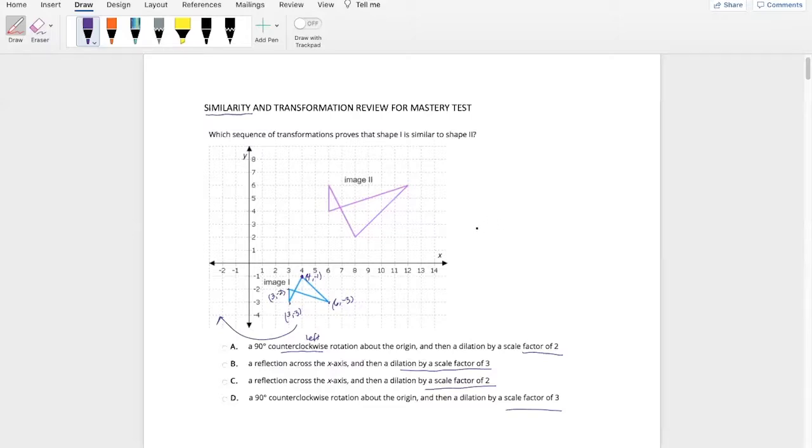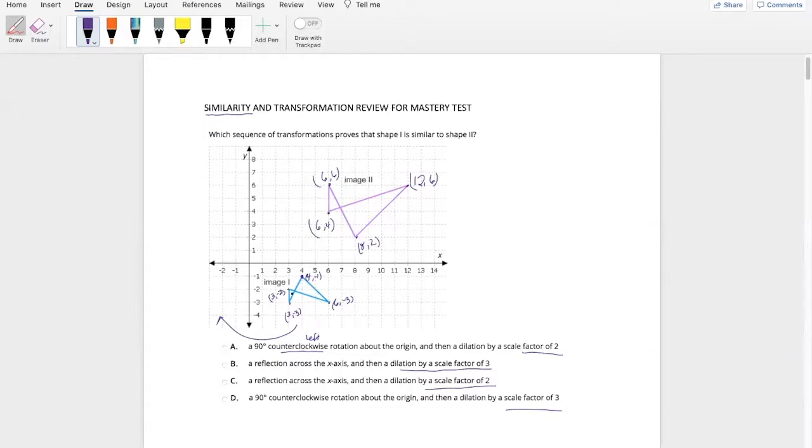I want to take a look at where these points ended up then. So I get 6, 6, 12, 6, 8, 2, and 6, 4.